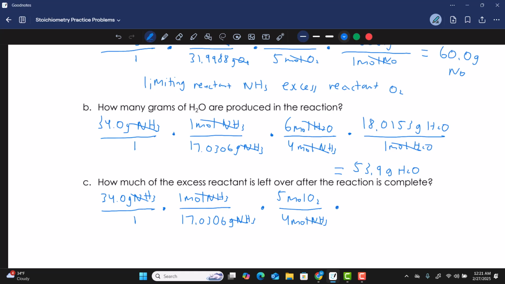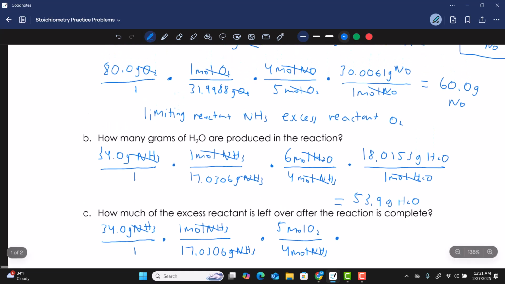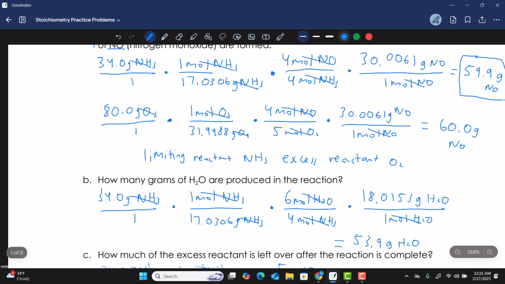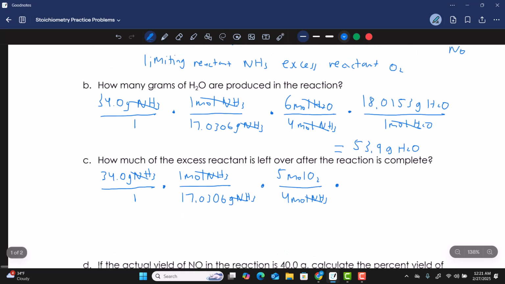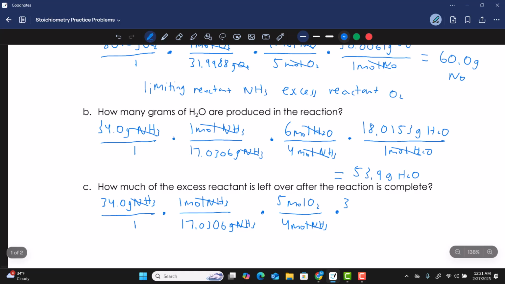And then we multiply by the molar mass. So we have 31.9988 grams of O2, which is 1 mole of O2.